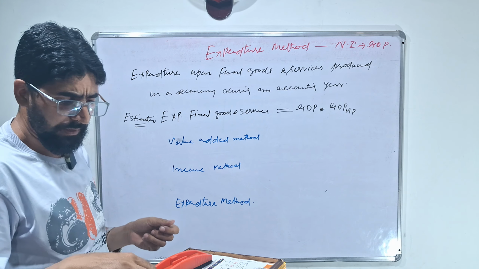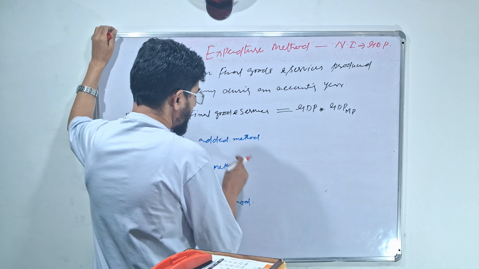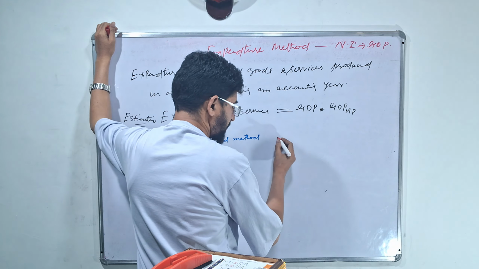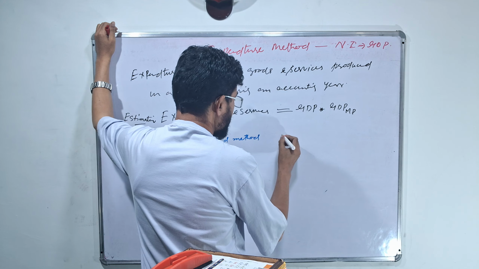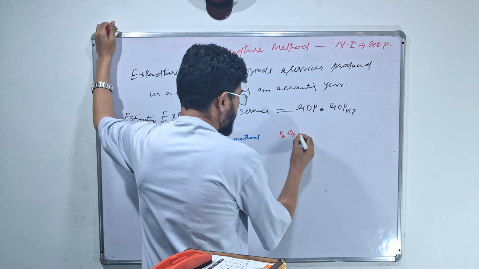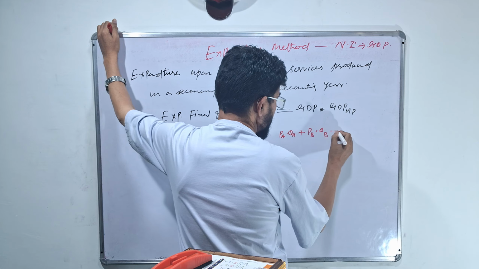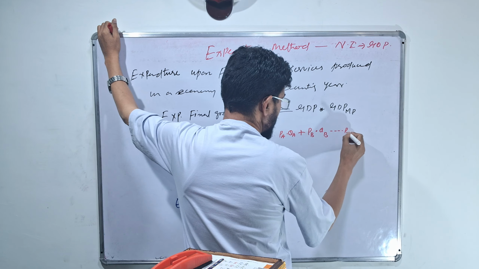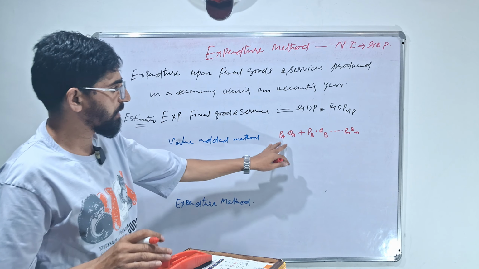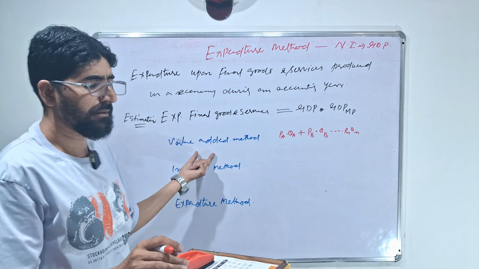When we were reading the value added method, I told you it is the total market value of final goods and services produced in a country during an accounting year. For example, price of A multiplied by quantity of A plus price of B multiplied by quantity of B, up to P of N, Q of N. When we calculate this sum of market value of final goods and services, we get the value of output.